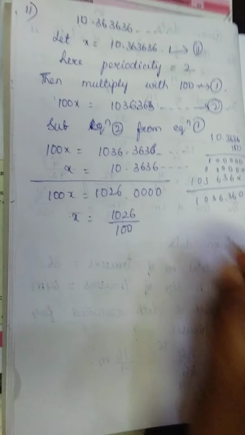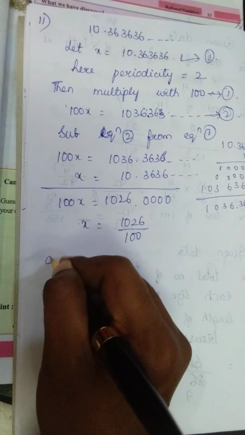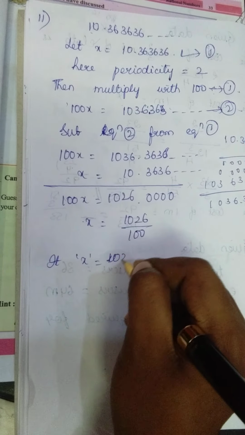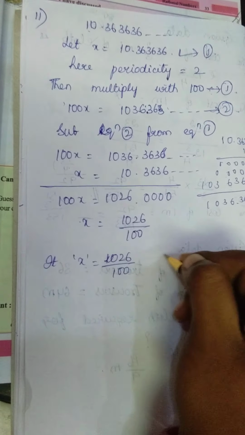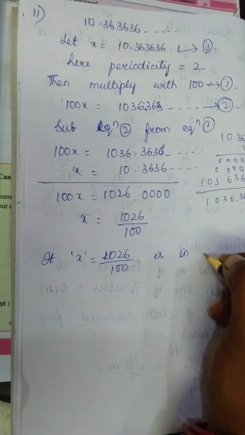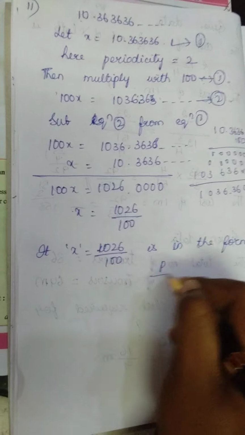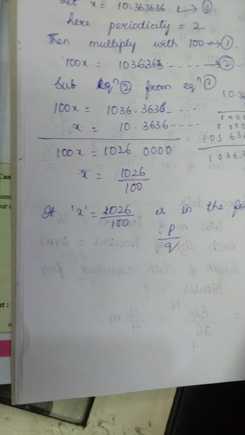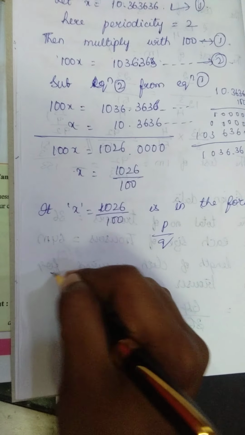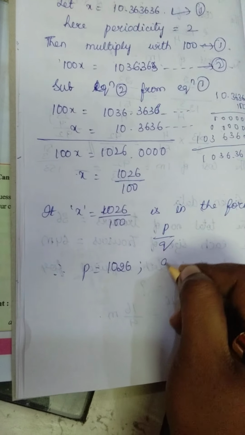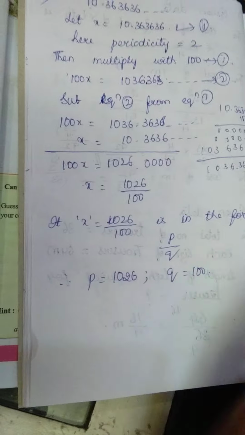Now x equals 1026 by 100 is in the form of p by q. Yes or no? Therefore, p equals 1026, q equals 100.